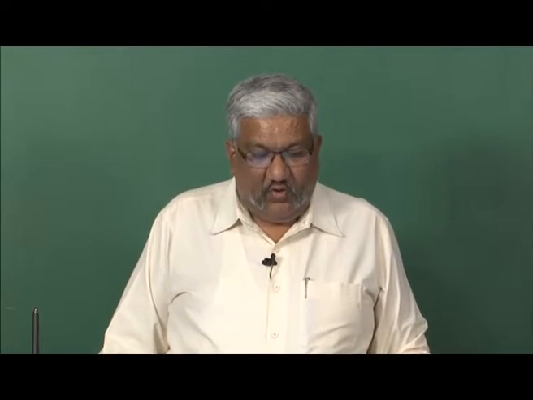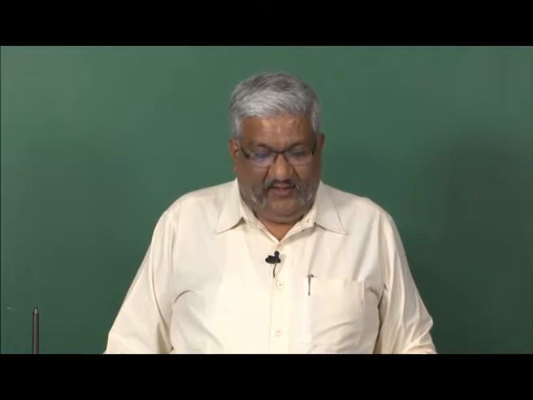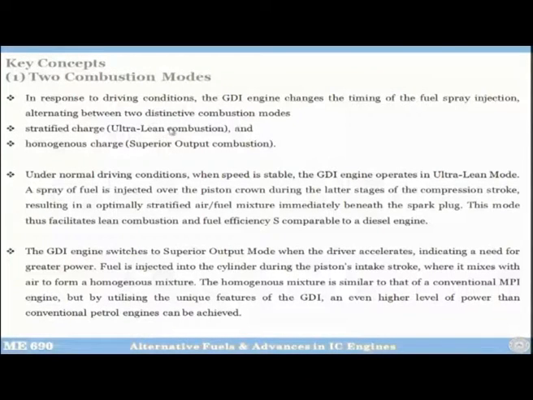If you look at the overall air-fuel mixture, it will be ultra lean. If you want to put the same air-fuel mixture strength in a PFI engine, you cannot ignite it, it is very lean. And therefore, this also leads to a lot of fuel economy saving.